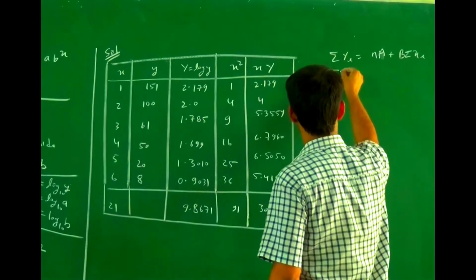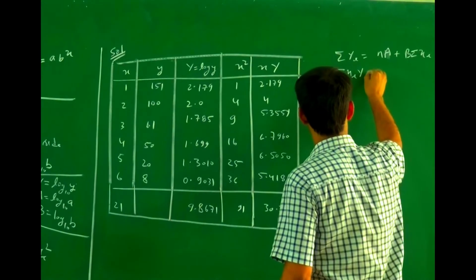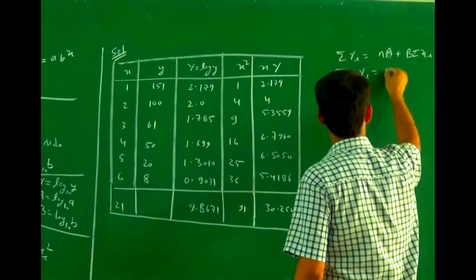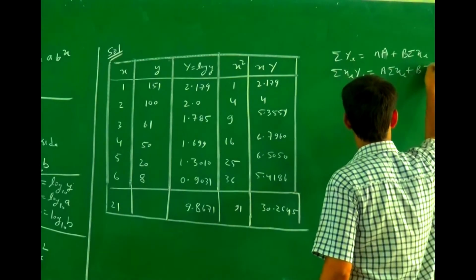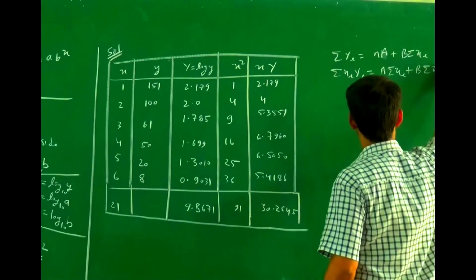And the second is the summation of small x capital yi equals A summation of small xi plus b summation of xi square.